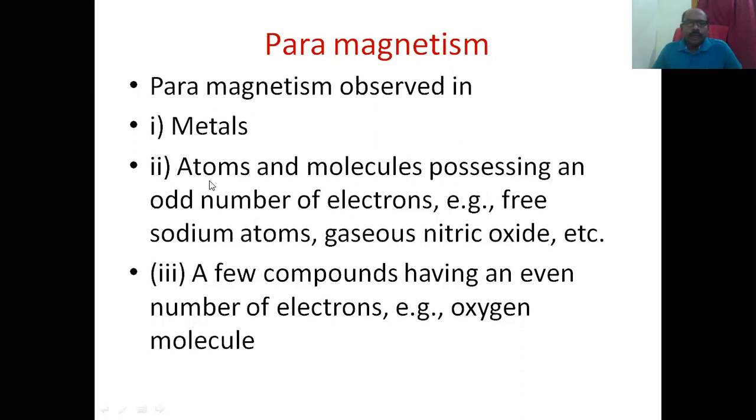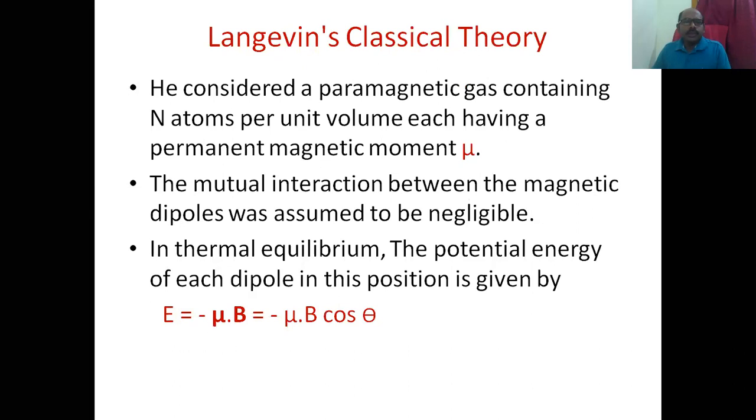In the above point we stated an odd number of electrons, but in a few compounds, even if they have an even number of electrons, there exists some paramagnetism. Example, the oxygen molecule. So we observe paramagnetism in these materials, and there is Langevin's classical theory of paramagnetism.